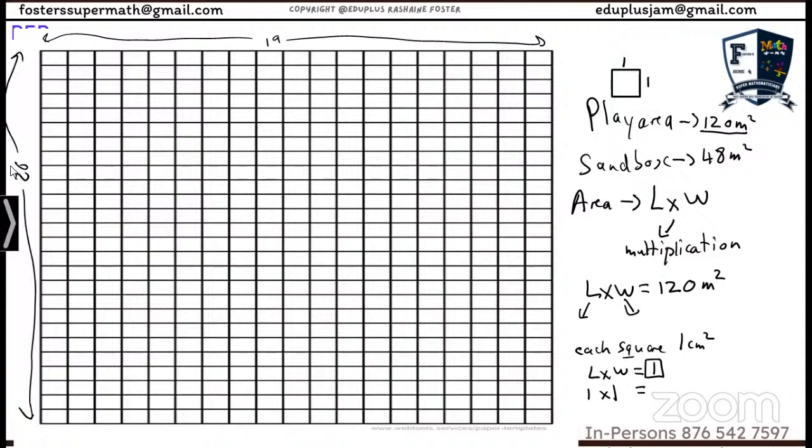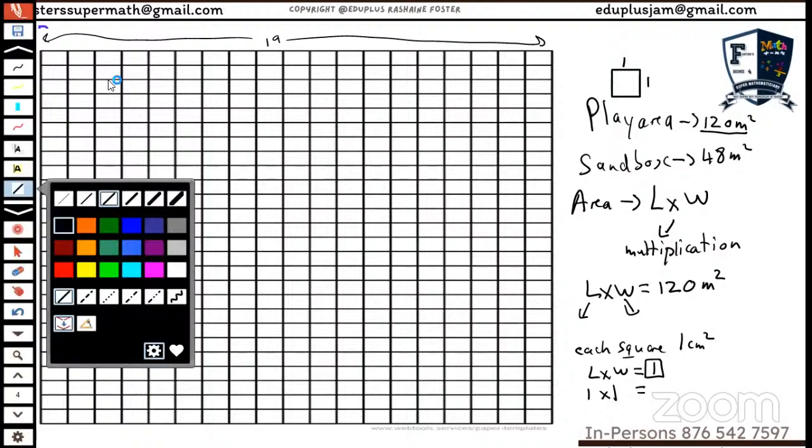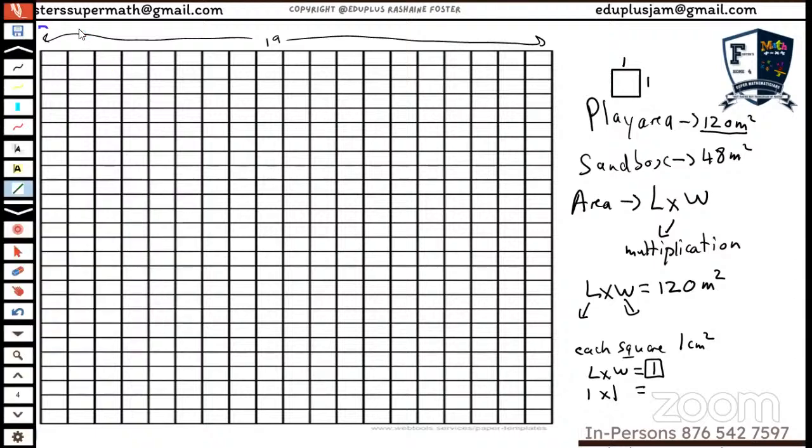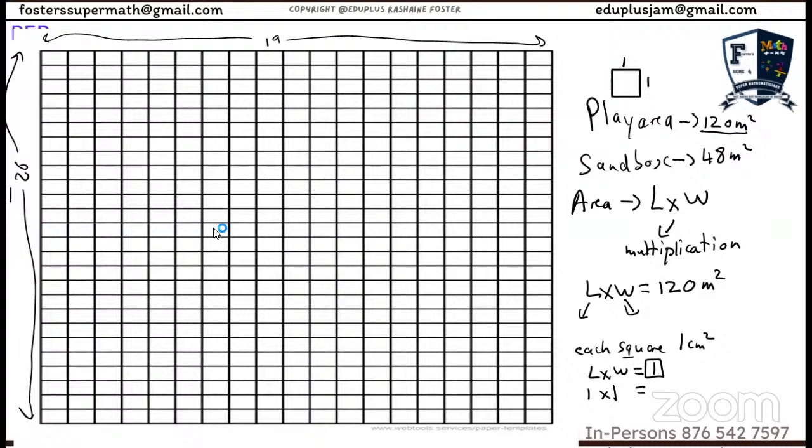So you should now be able to put this on the grid right here. Let me change the color of this so that it is easier to show. Since mine says 20 and 6, I have to have 20 by 6. So that is 1, 2, 3, 4, 5, 6, 7, 8, 9, 10, 11, 12, 13, 14, 15, 16, 17, 18, 19, 20.